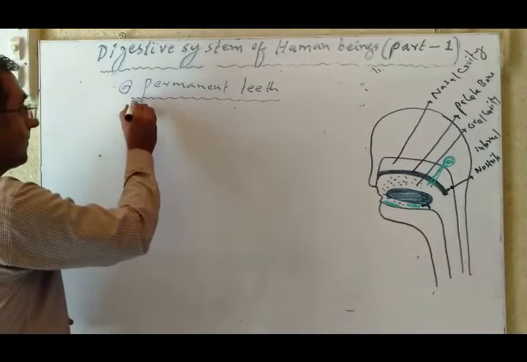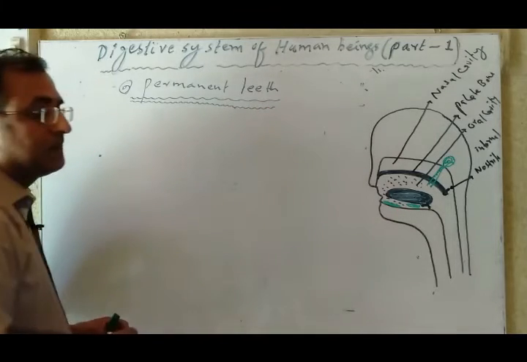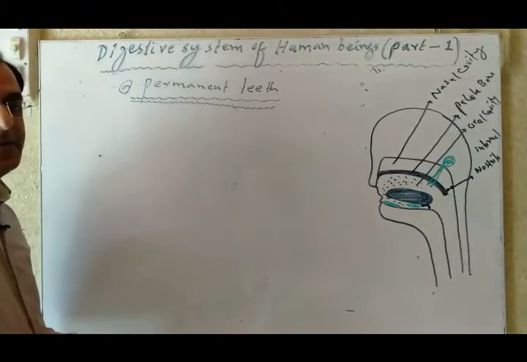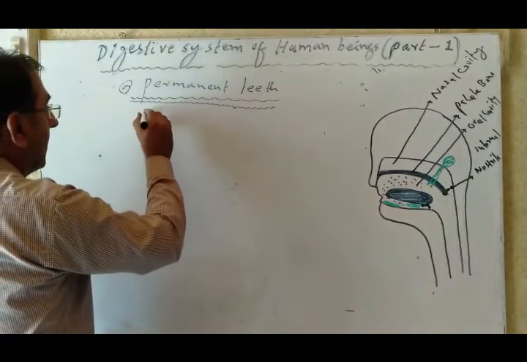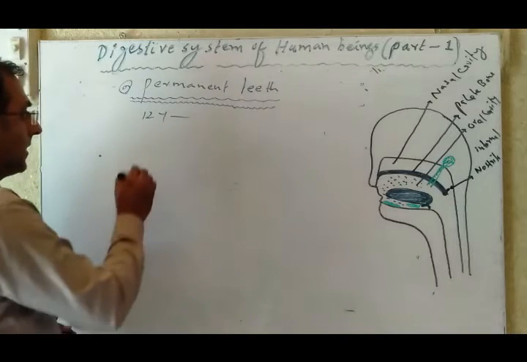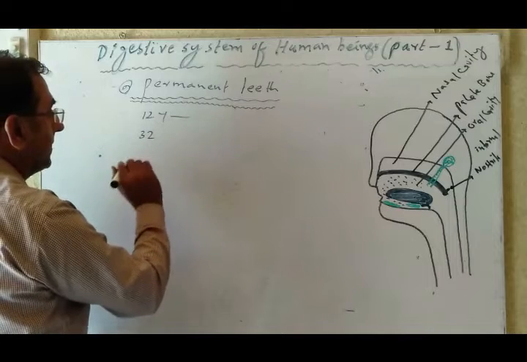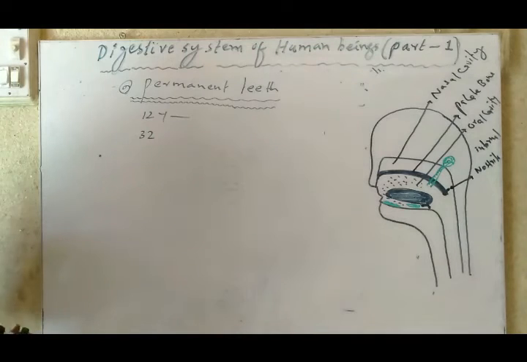Permanent teeth are those teeth which replace the milky teeth. These teeth grow when the baby attains the age of 12 years. The number of permanent teeth is 32. These 32 are incisor, canine, premolar and molar.